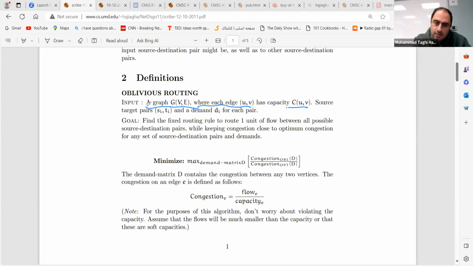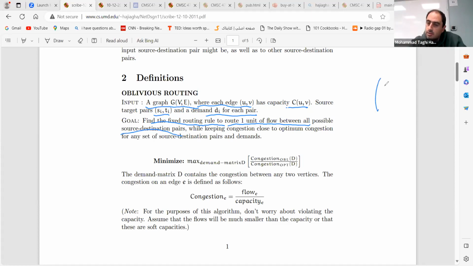You are given source-target pairs SI, TI and a demand DI for each pair. You want to find a fixed routing rule to route one unit of flow between all possible source-destination pairs.